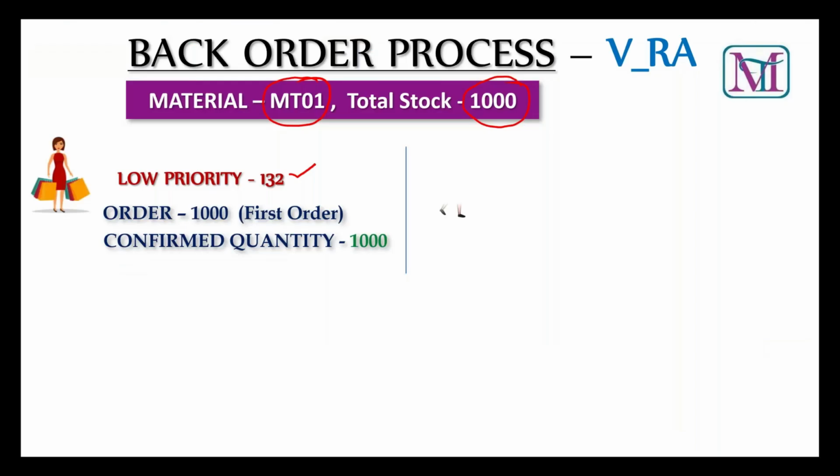Now the backorder process is saying that I'll create a sales order for a high priority customer. When a high priority customer places an order, if stock is not available, the system will not confirm the quantity for the high priority customer. But our purpose is what? We have to confirm our high priority customer, because as a businessman we can't lose this customer, as this customer is the most important and valuable customer for the business.